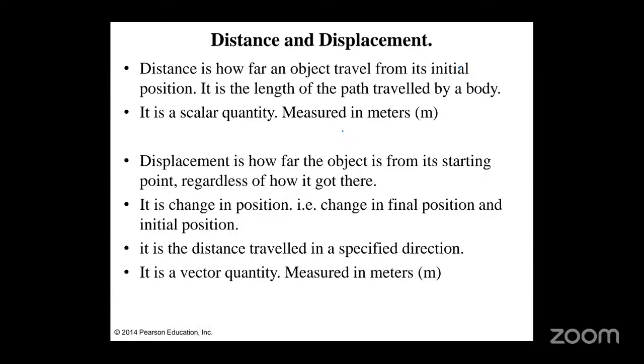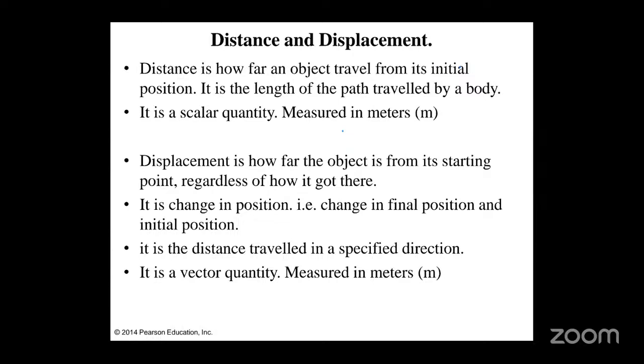Now, we've talked about kinematics, which is the study of motion without considering the force responsible for the motion of the object. So, there are other physical quantities we can study alongside, since we are studying motion.